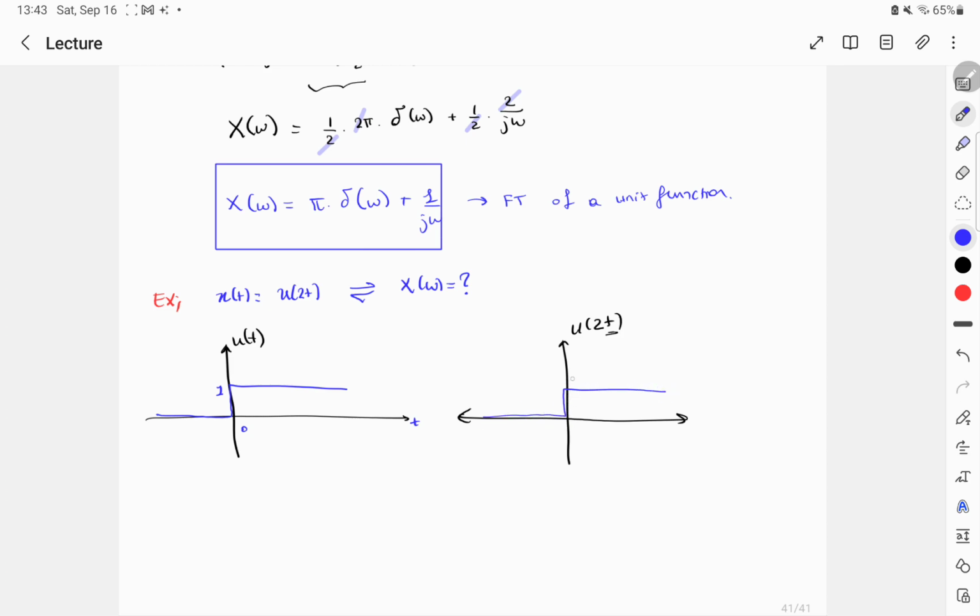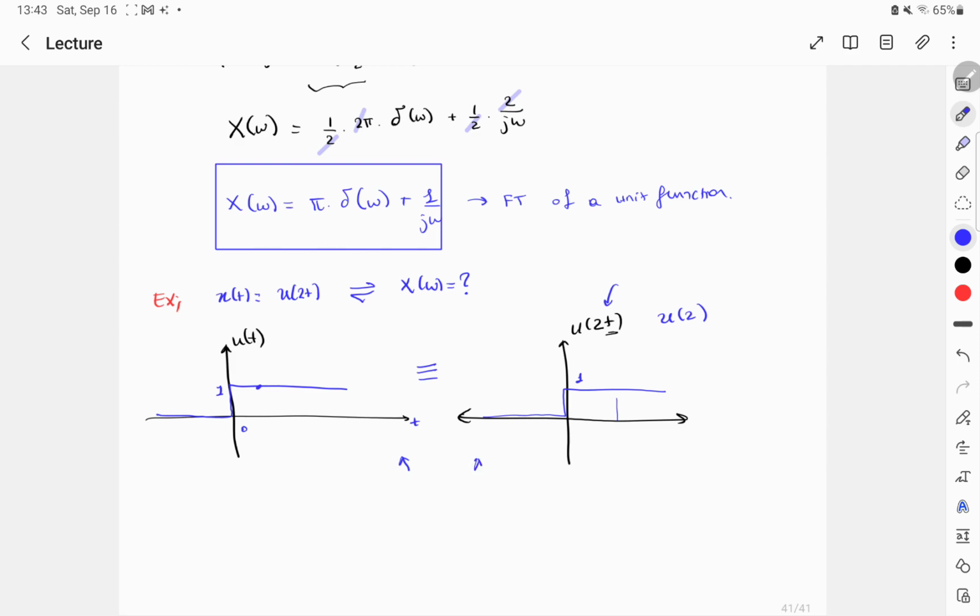What I mean here is these are the same. When t is 1, it will have the value 1. Here, when t is 1, we will compute u(2), which would give the value 1. So eventually what I'm trying to say is these two functions are the same.